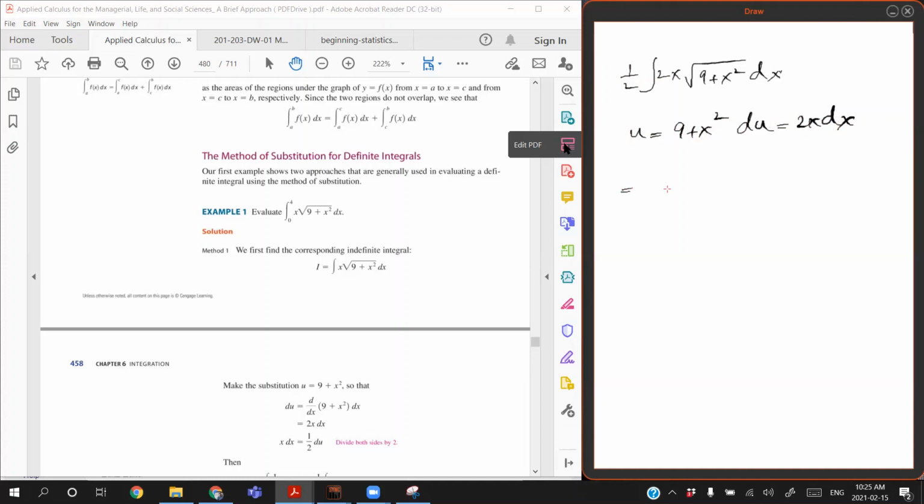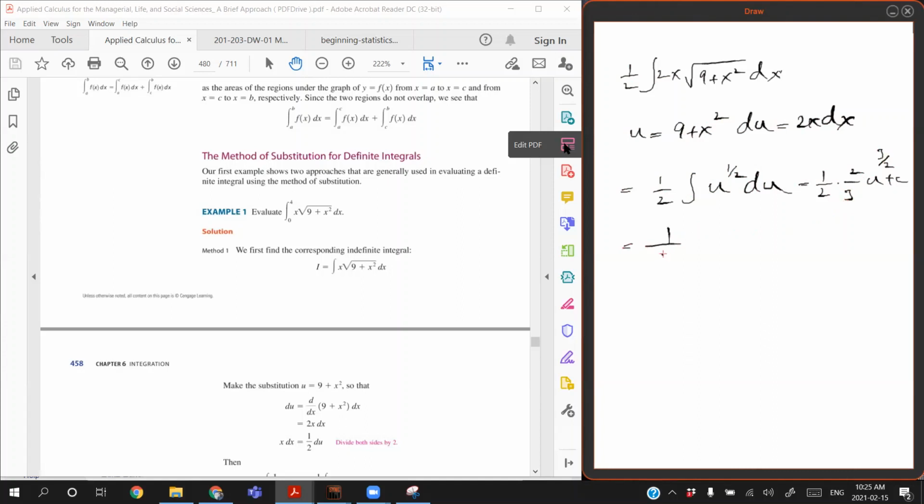And this will become 1 over 2 integral of u to the power of 1 over 2 du. I know how to do this. This is 1 over 2 times u to the power of 3 over 2 times 2 over 3, plus c.